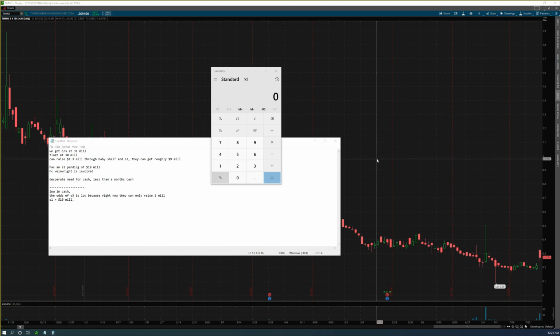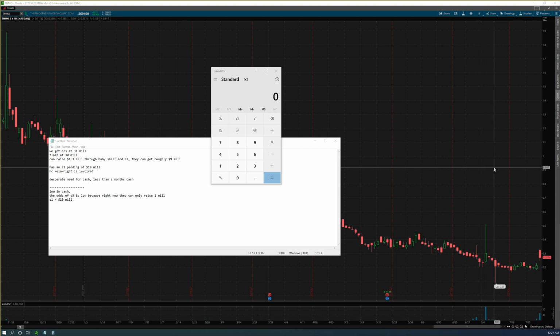Another aspect, and I apologize if I'm re-mentioning it, is going and seeing at what price and how much they can do an offering. Would this give them like 10 months, 12 months of cash? If they get a close of 90 cents, it's obviously going to push to like 111.